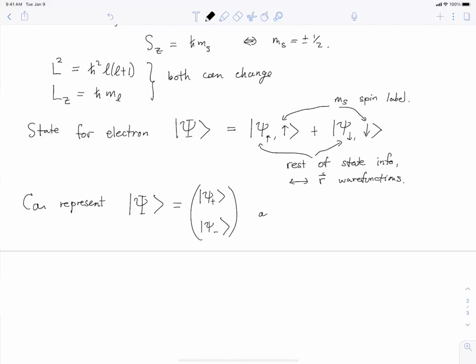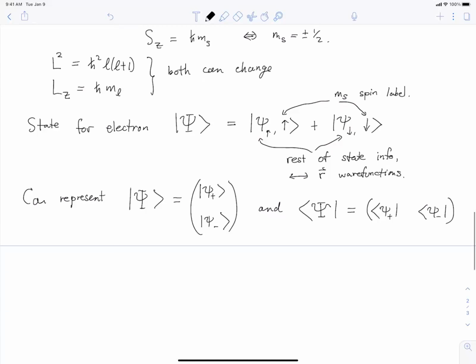Okay, and then its bra, or its Hermitian adjoint, would be a two-component row vector, each one of which contains a separate ket for the spin up and spin down parts.